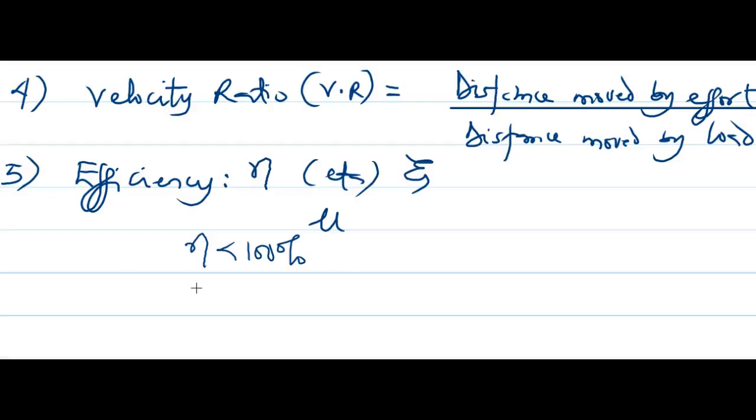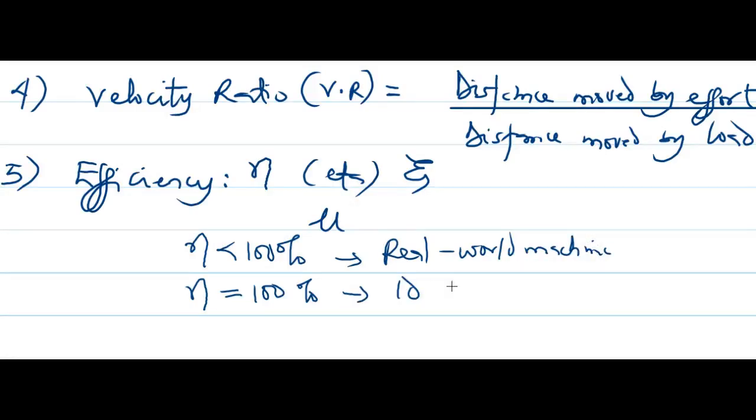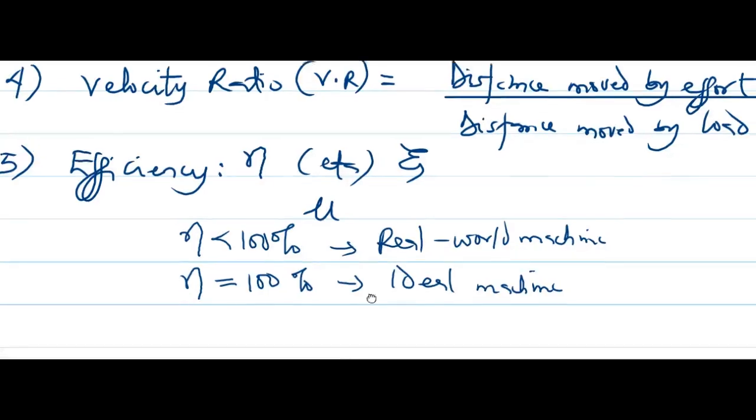But for an ideal machine, the efficiency is always equal to 100% because we assume no energy is lost. So this is technically a real world machine, efficiency is less than 100%, and this is for an ideal machine, efficiency is assumed to be 100% because we assume that there's no energy loss.